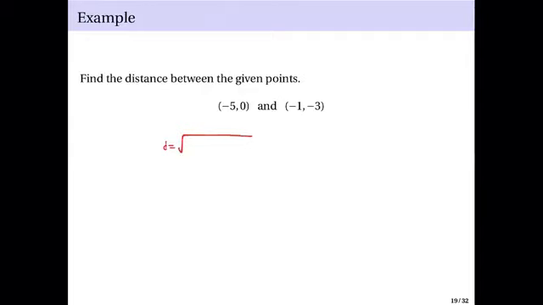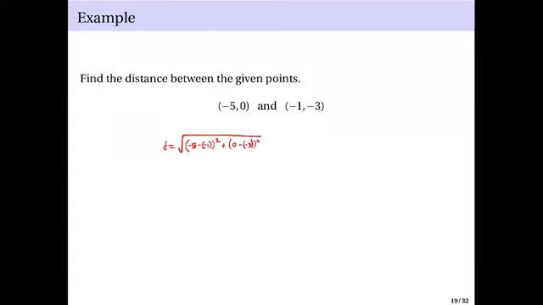Square root of, let's have the x, -5 minus -1 squared plus, we have the y's, 0 minus -3 quantity squared.